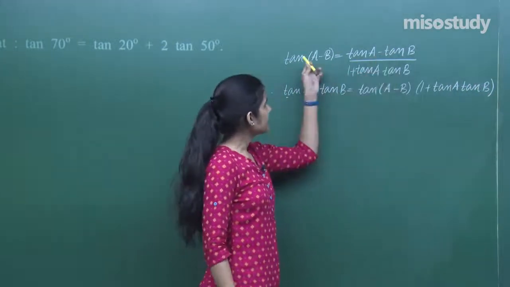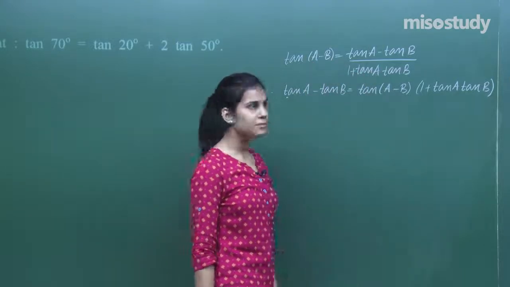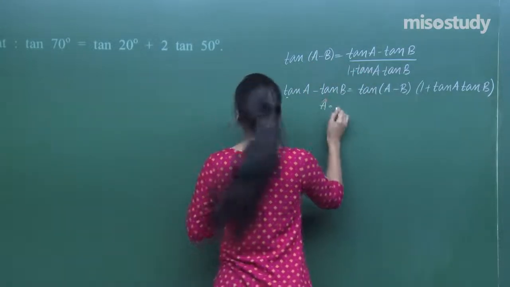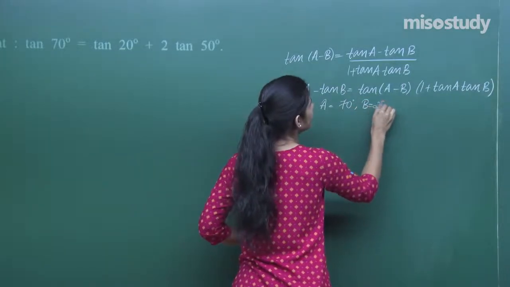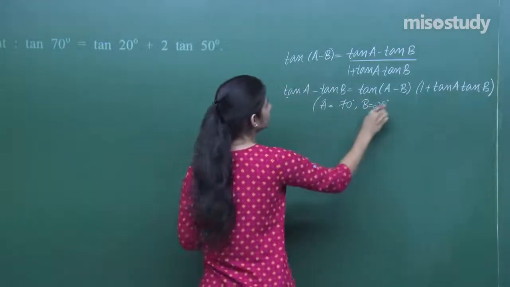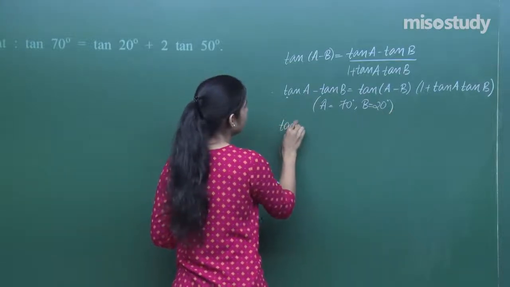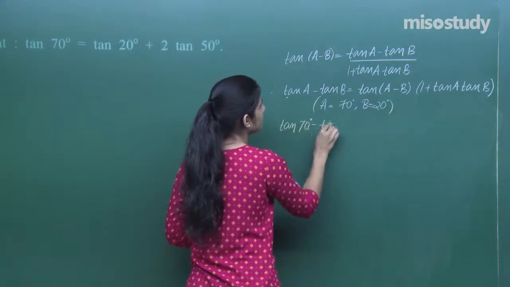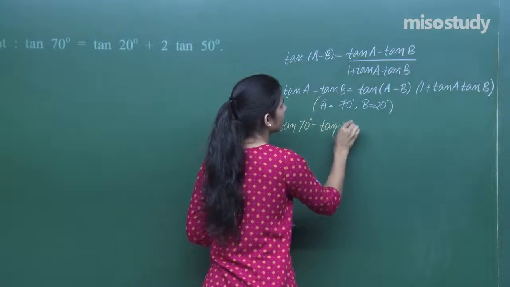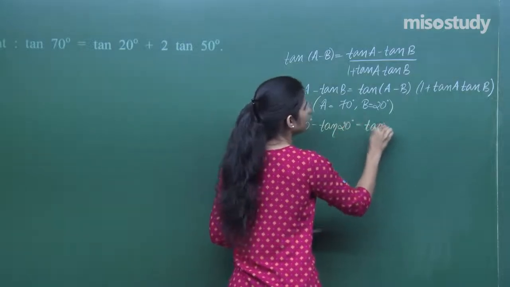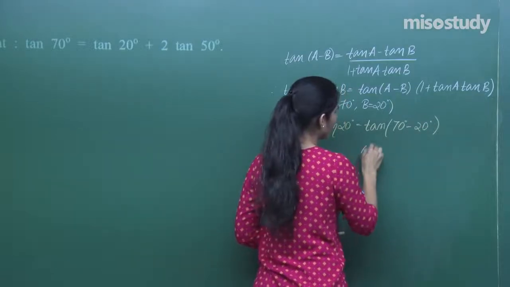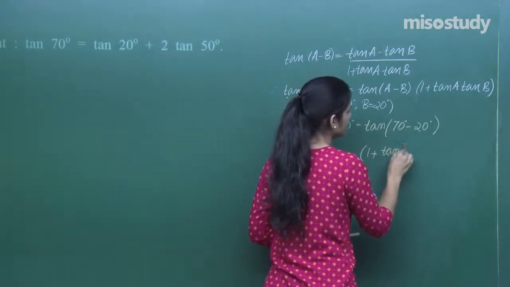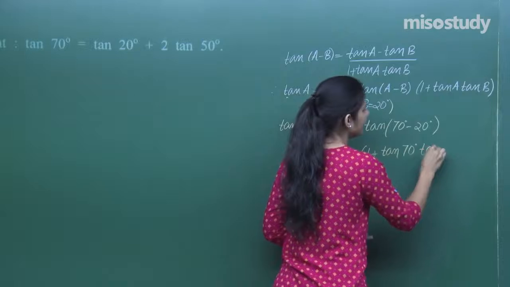Tan a minus tan b is tan of a minus b into 1 plus tan a tan b. If I take a as 70 and b as 20, I get tan 70 minus tan 20 is equal to tan of 70 minus 20 into 1 plus tan 70 tan 20.